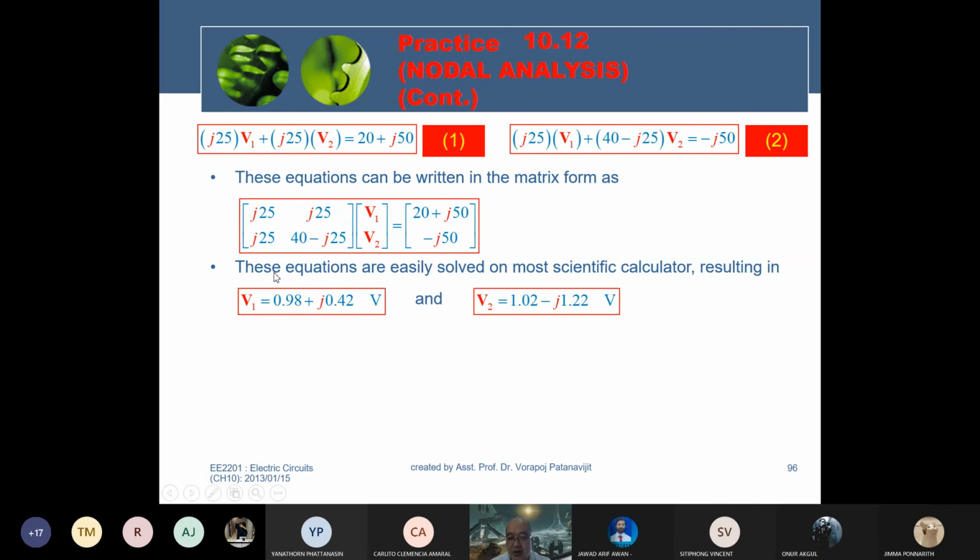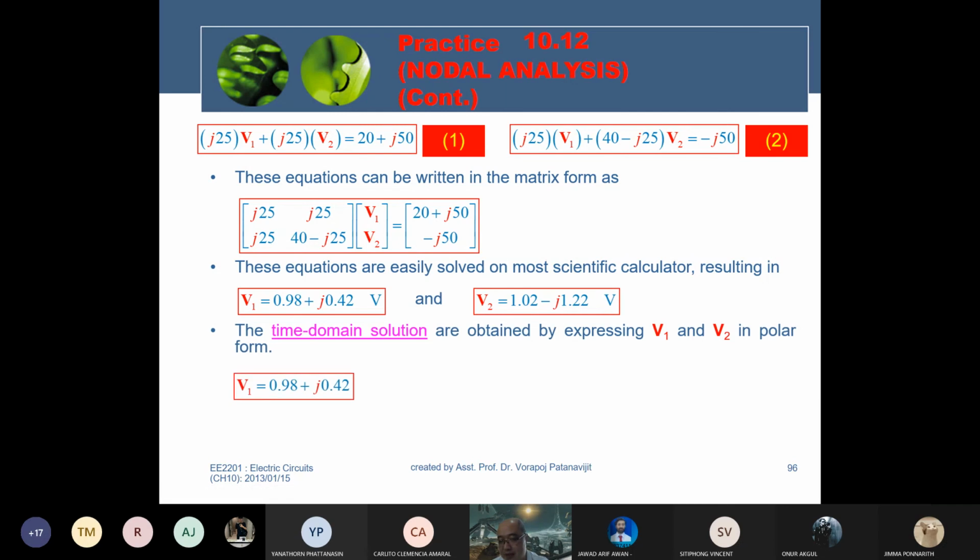Now you get V1 equal to 0.98 plus 0.42J, and V2 equal to 1.02 minus 1.22J. The time domain solution is obtained by expressing V1 and V2 in polar form. For V1, 0.98 plus 0.42J gives magnitude 1.06 and phase angle 23 degree.